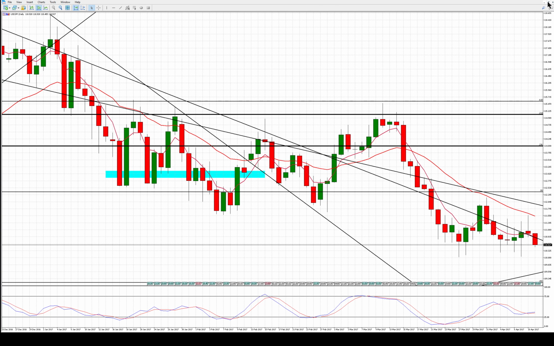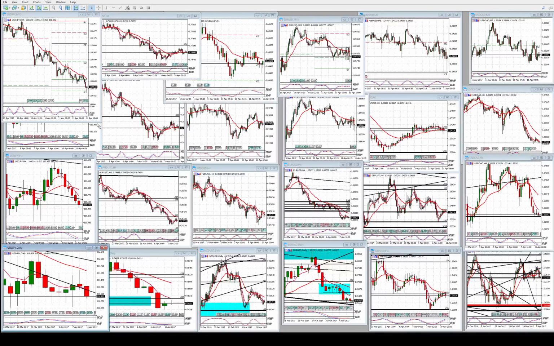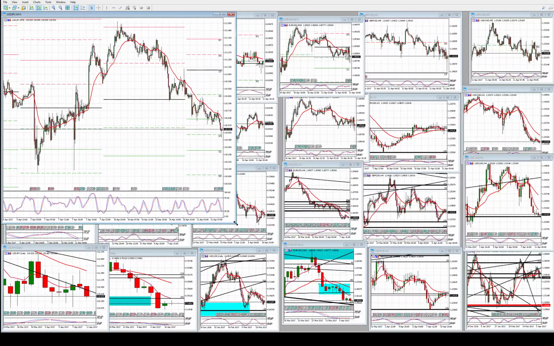It just seems like a safer play because support is very well defined at 110, whereas with euro dollar, you don't have support until price drops to 105 or resistance in the mid 106s, and the trading range for the euro dollar has just been a lot narrower, and so it gives a possibility for a lot more movement in dollar yen itself. So that's just what I'm looking at.